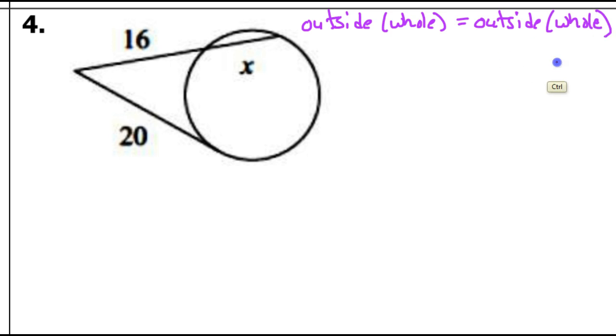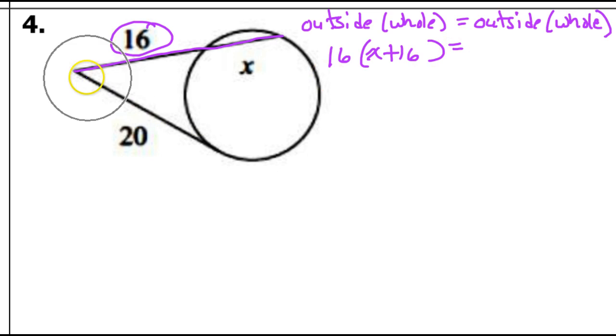All right, we're still using that same formula. The top part is pretty straightforward because the outside is obviously the 16. And then the whole thing, is it 16x, people? No, it is not. It is x plus 16.